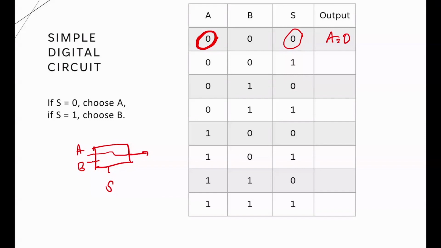When you do the truth table, you just write the outputs. S is 1, let B out. Here B is 0, so the output is 0.